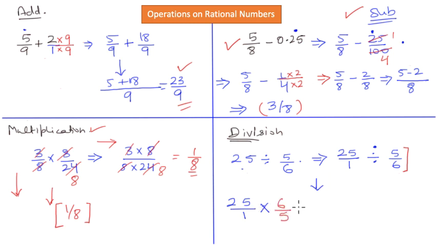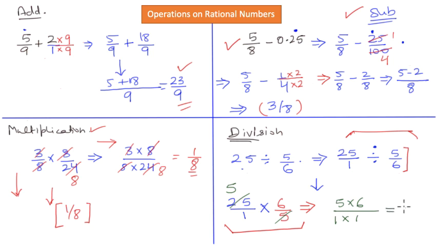That is the concept we have learned in the past, right? Now at this stage we look at the common factors between numerators and denominators, and I see that 5 divides 25 completely, it becomes 5, and hence it becomes 5 times 6, that is the numerator now, and the denominator is 1 times 1, which is 1, so the result is 30 over 1, or you could rewrite it just as 30.